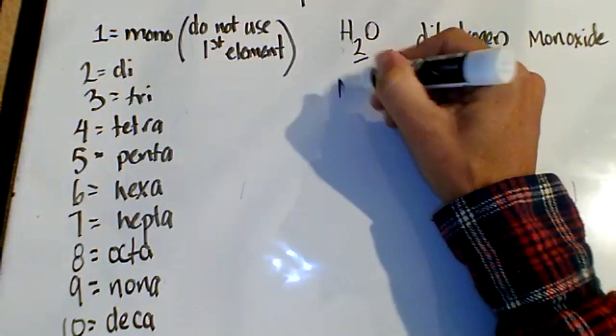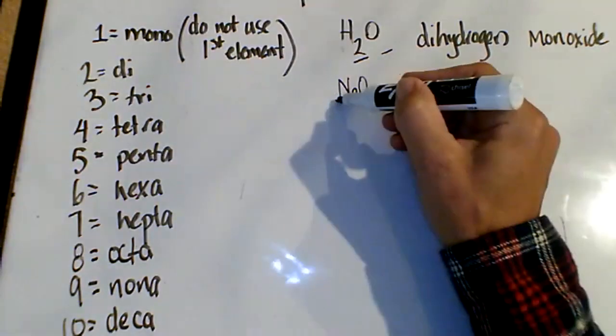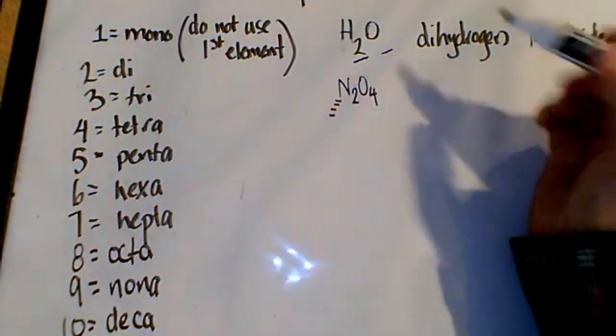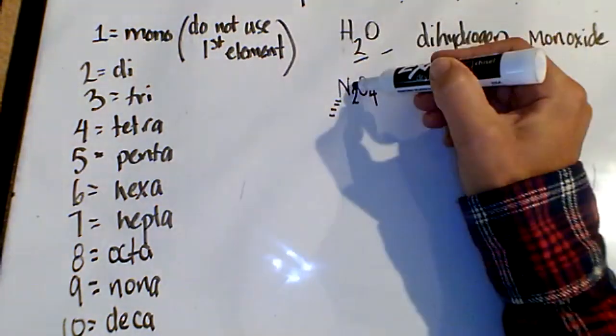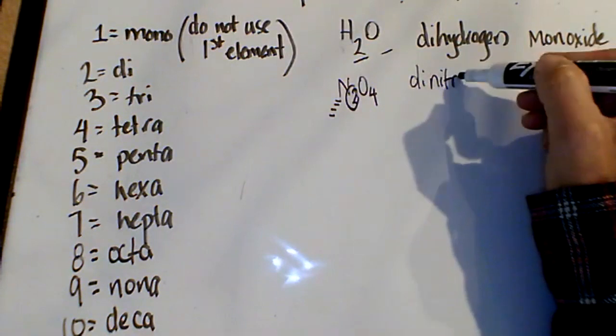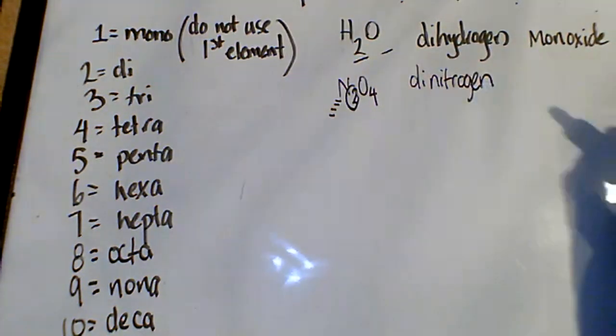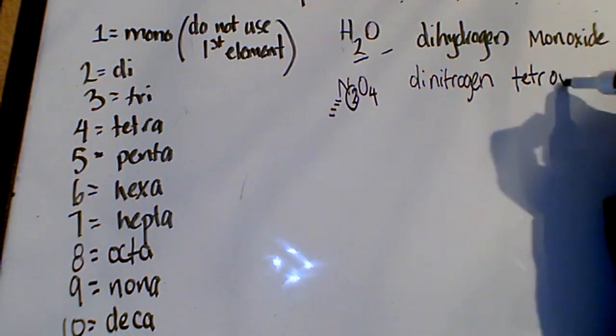Let's do N2O4. All right. First element is a nonmetal. Let's use prefixes to denote the number of atoms. 2 is di, 2 what? 2 nitrogens. And how many oxygens? 4. So that will be tetroxide.